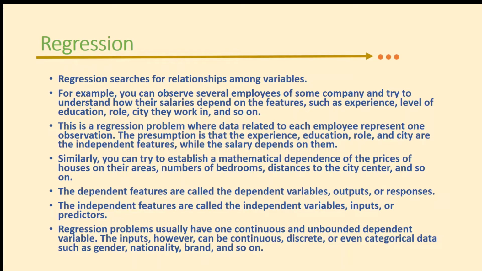Why are we calling them independent variables? In regression, we assume that the input features don't have any relationship with other input features. For example, we think that experience doesn't have any relationship with other input features such as the educational qualification, the location of office, or the role they are playing.